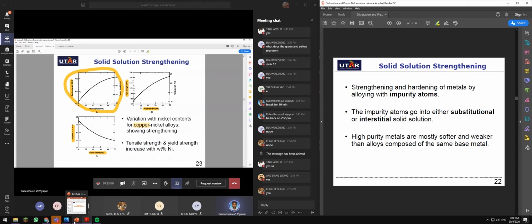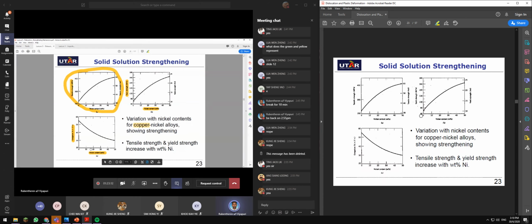When the nickel content in copper increases, the tensile strength and yield strength increase as well. However, when the nickel content increases in copper, the elongation decreases. Can you understand that elongation is associated with dislocation, which is plastic deformation?